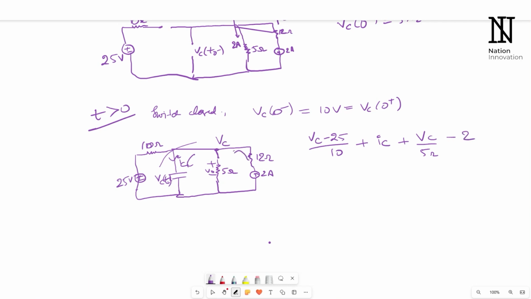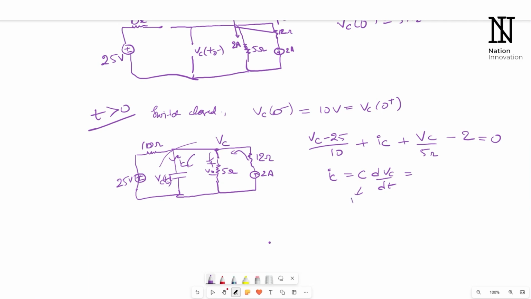So we have written the incoming current and all outgoing currents there, and this will be 0. And we have the current across the capacitor, that is Ic equals C dVc by dt, with the value of the capacitor and the voltage here.